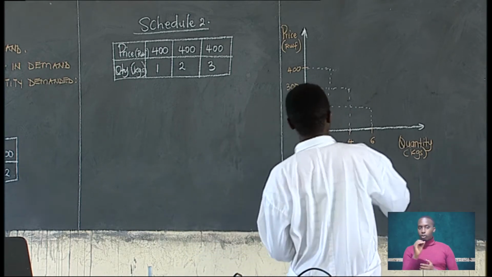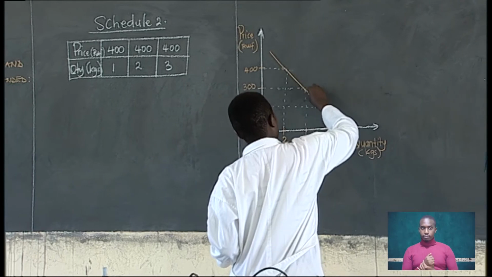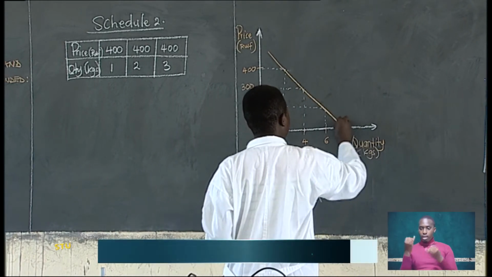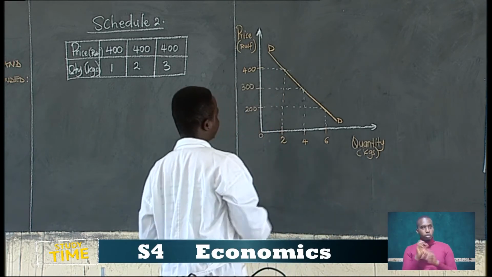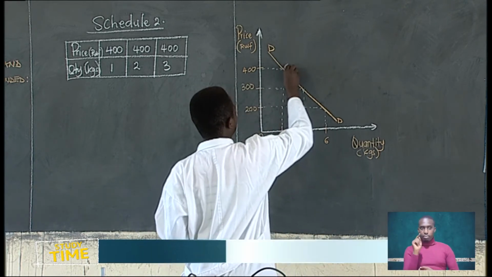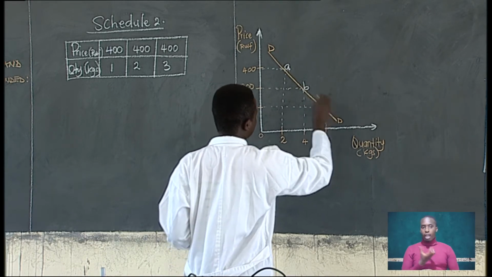So if you draw our curve, this is now our demand curve, and on this we can have 3 points: point A, point B, point C.